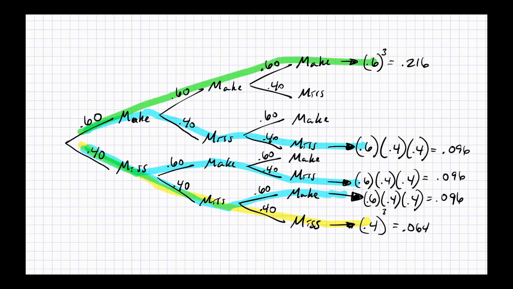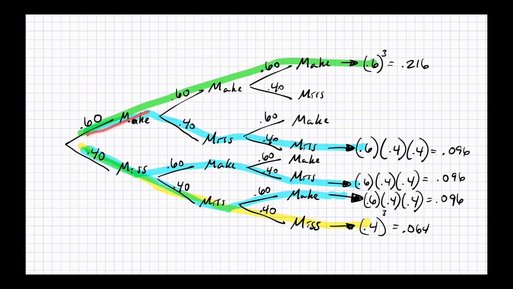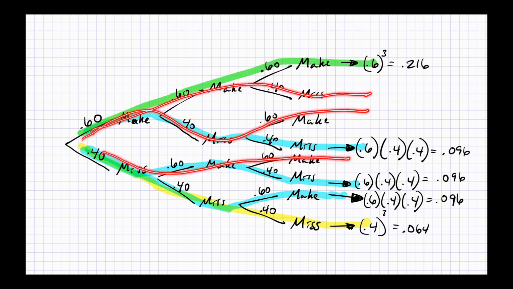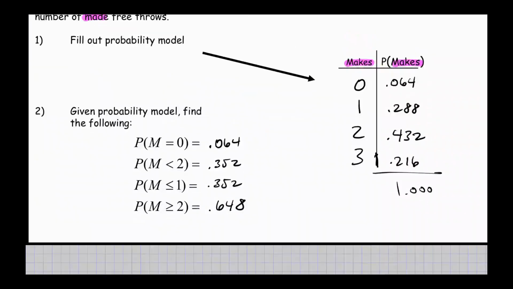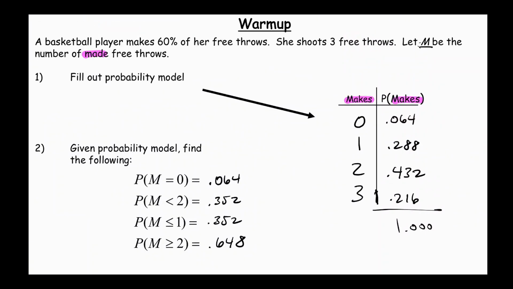So we figured, okay, there's only one way to make all three. There's only one way to miss all three. But there's 1, 2, 3 ways to make only one. And then there's 1, 2, 3 ways to make 2, right? And that's how we figured out these percentages here, these decimals here. That's how we did that.